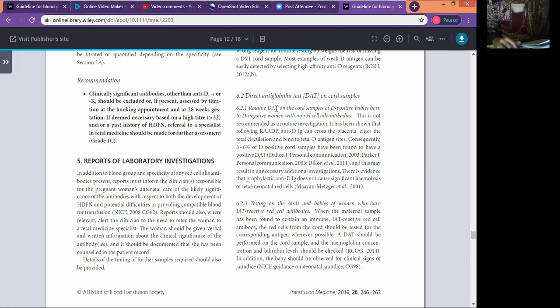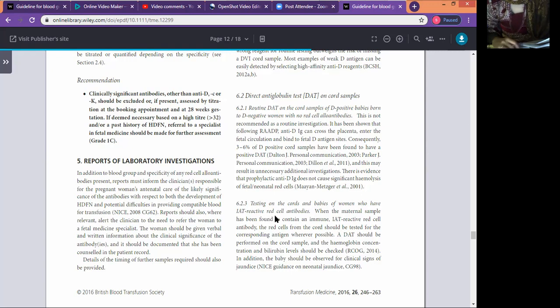Routine DAT is not encouraged, because the anti-D that may be there would most likely be due to anti-D being administered to the D negative mother. So if there is a D positive baby in a D negative mother, but the mother has no positive history of red cell alloantibodies, then routine DAT is not generally recommended.